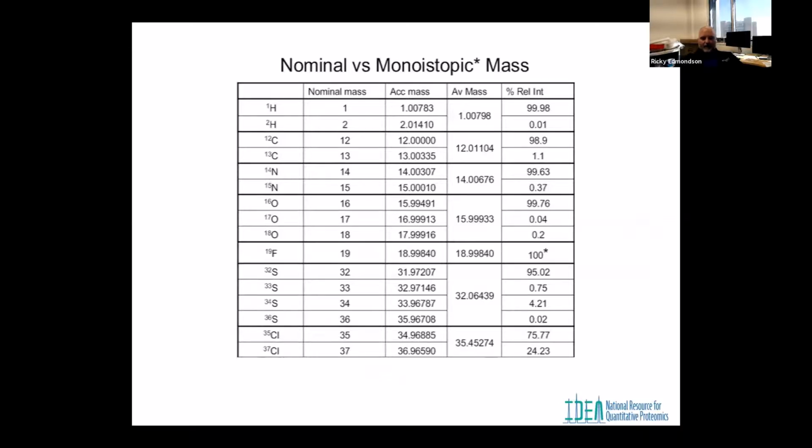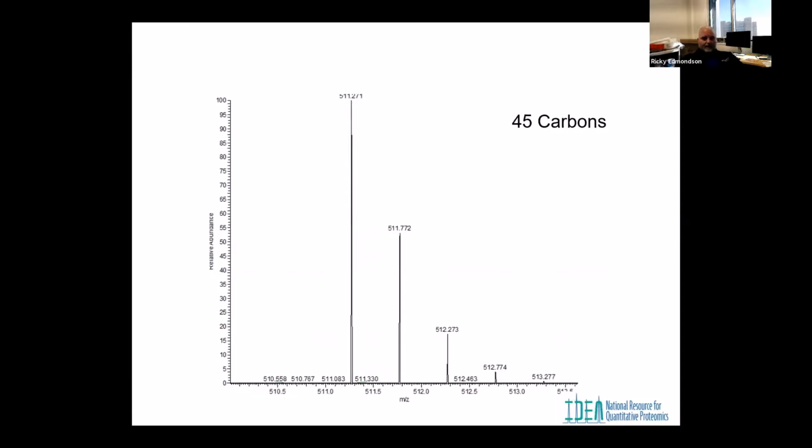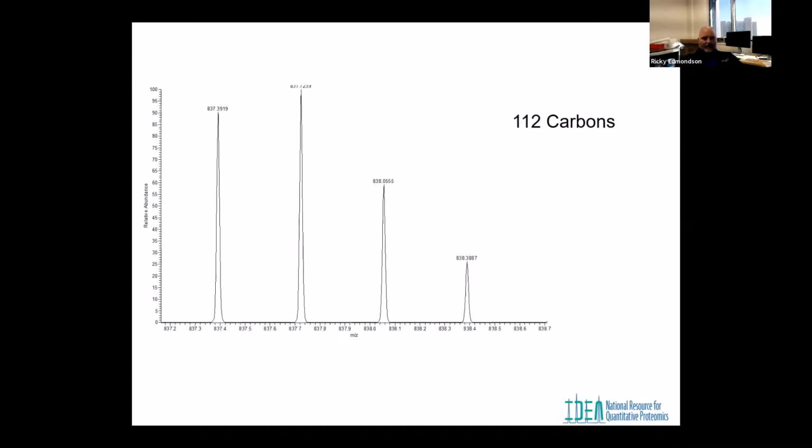Roughly 1% of carbon has an extra neutron, and so it's carbon-13. If you string enough carbons together, odds are one of those carbons is going to have a carbon-13. And that's what you get when you see this. This peptide has 45 carbons, and there's about a 50% signal there that has one extra neutron in that carbon.